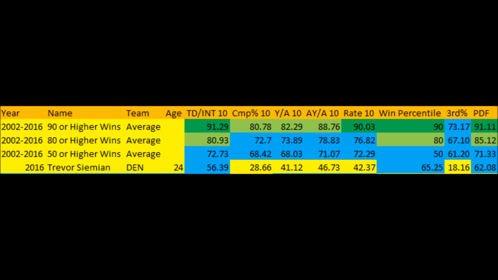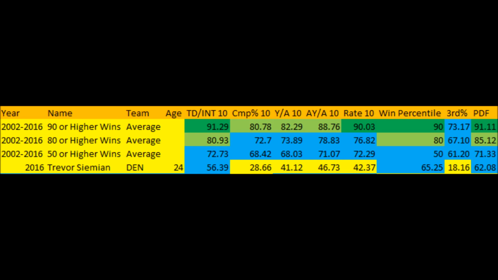And then 90th percentile or higher wins is quarterbacks who win about 12 games, 13 games, 14 games, 15 games, all the way up to 16 games. So it's quarterbacks that essentially are winning the division, winning a bye week, being a first-team seed kind of team.